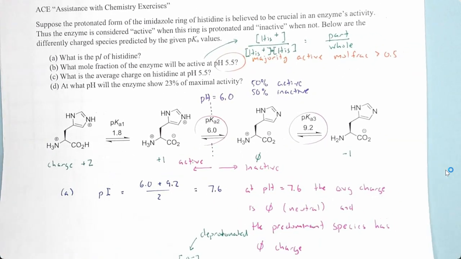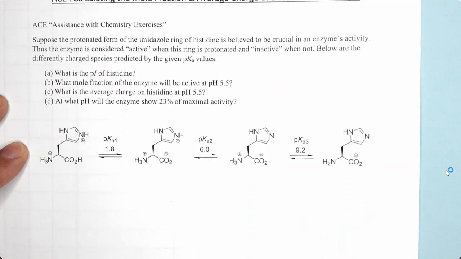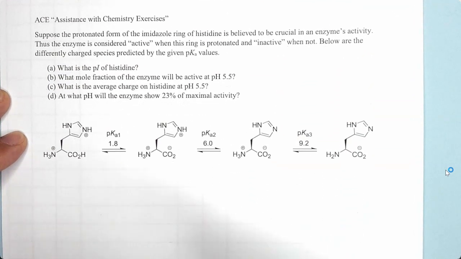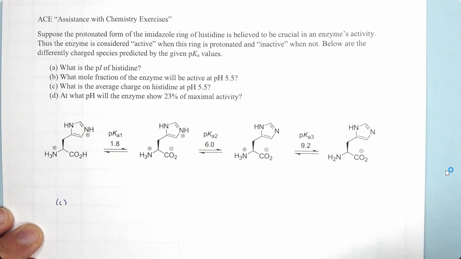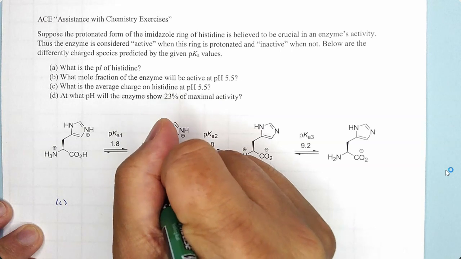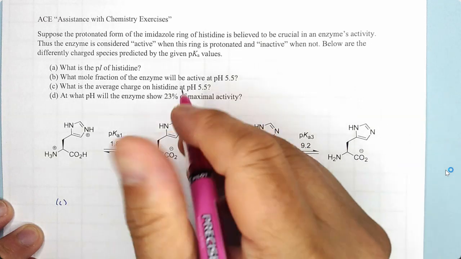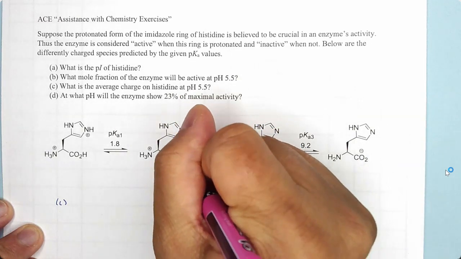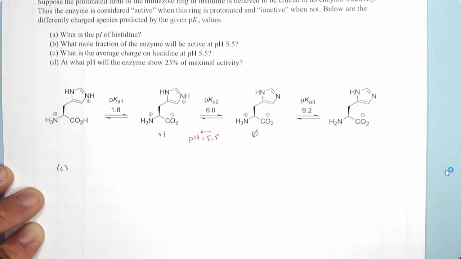Let me show you how to do the calculations formally for part C. I think some of you can do this in your head, like you're understanding the connection between mole fraction, and now we're going to do average charge. Just as a reminder, we are here, +1, and this is 0, but now our pH is a little bit to the left. pH equals 5.5.